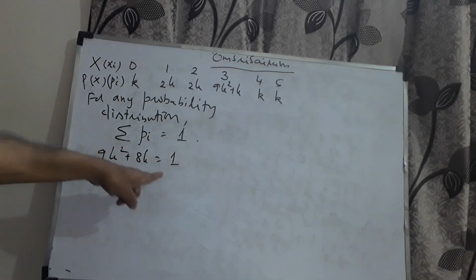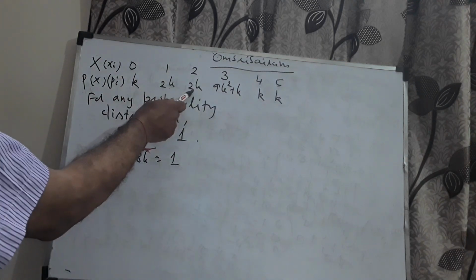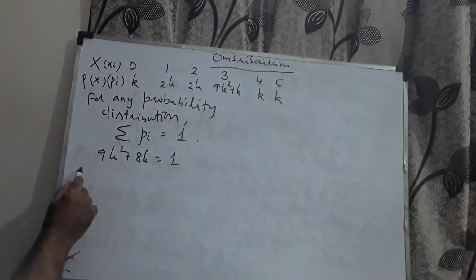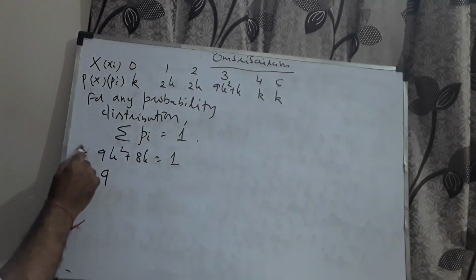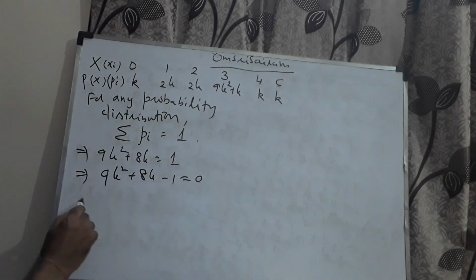By mistake, you should not write it as 0. Remember carefully. Let me just add 3k, 5k, 6k, 7k, 8k. Now, this is reduced to 9k square plus 8k minus 1 is equal to 0.